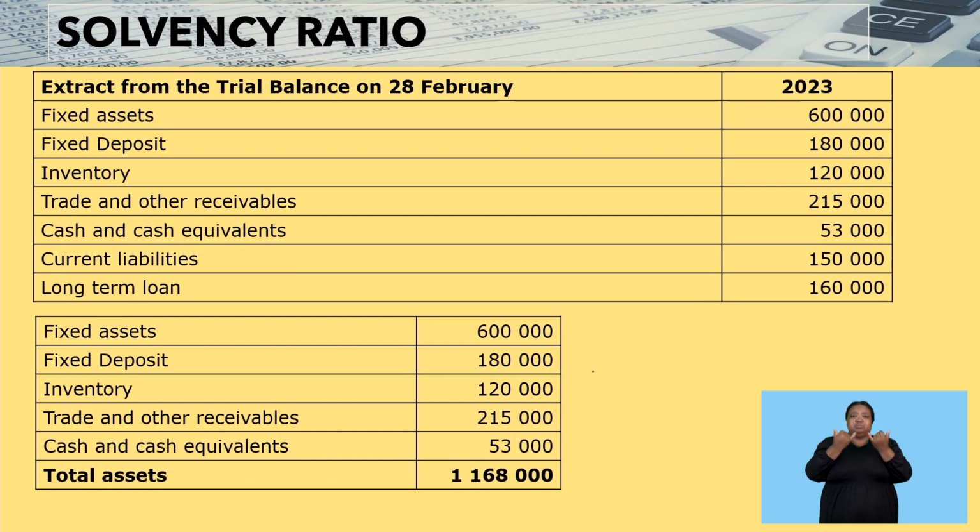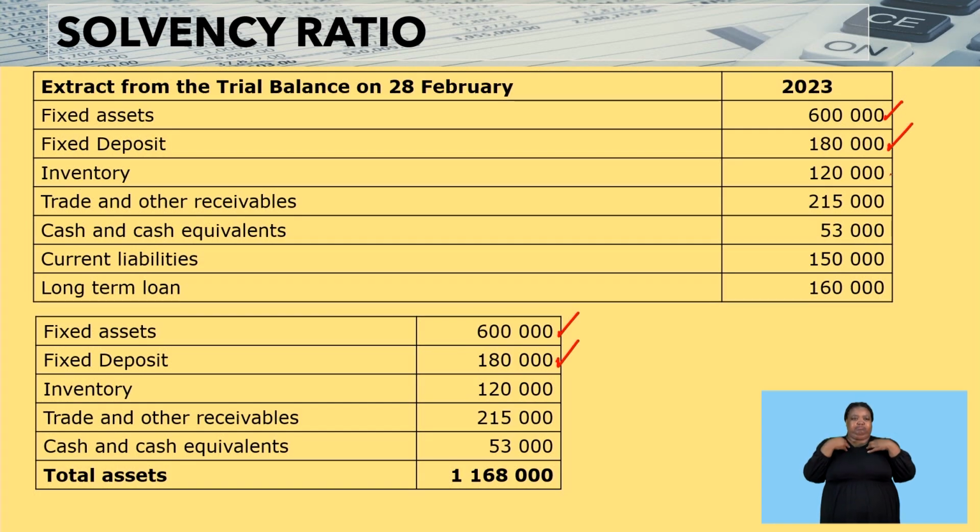From that extract of the trial balance, we are focusing on the balance sheet account section. We now begin to add all our assets. We start with our fixed assets, which is 600,000. The next one is our fixed deposit, 180,000. Then we are on our current assets.